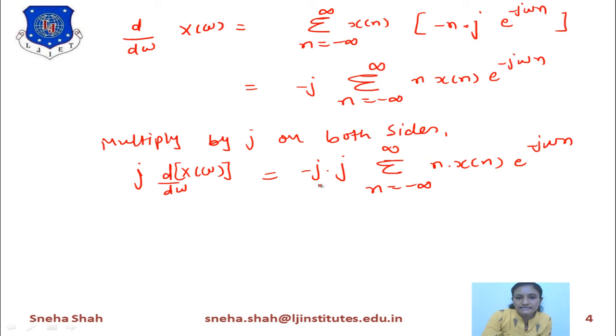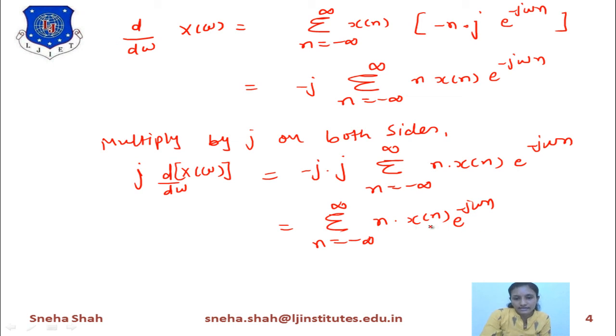Now you can see that j into j means j squared, and the value of j squared equals minus 1. Minus minus is plus, so it is considered as positive 1. 1 into this term gives you this part only. So this is represented as e raised to minus j omega n into x of n.